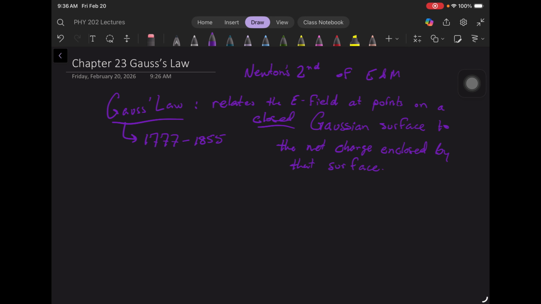We'll get into the Gaussian surface in a bit. First, I want to talk about flux a little bit.